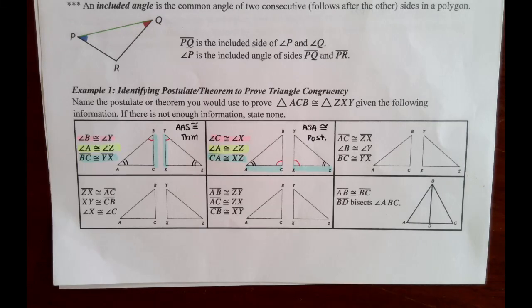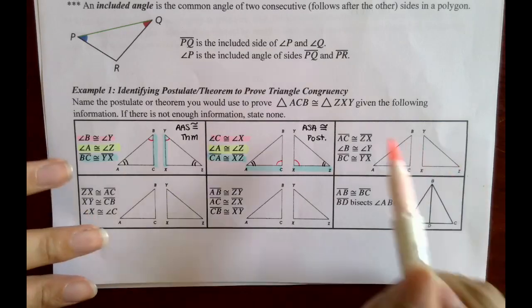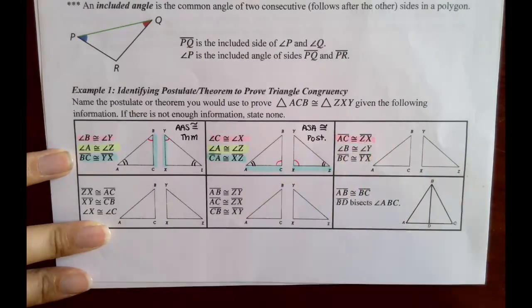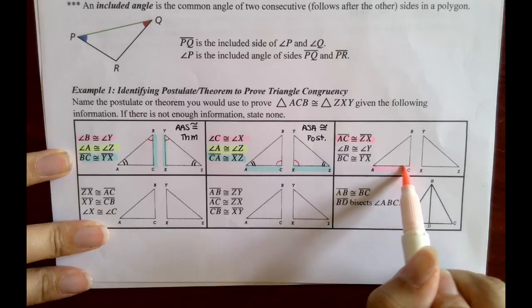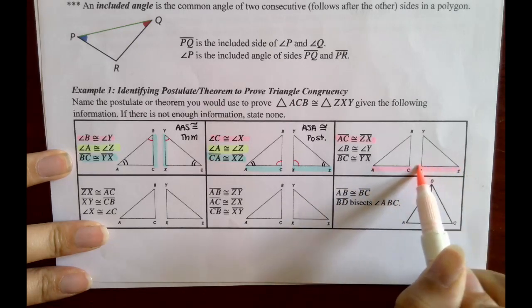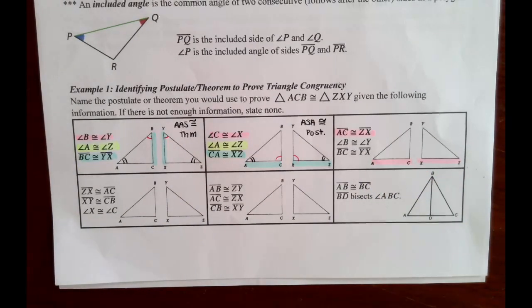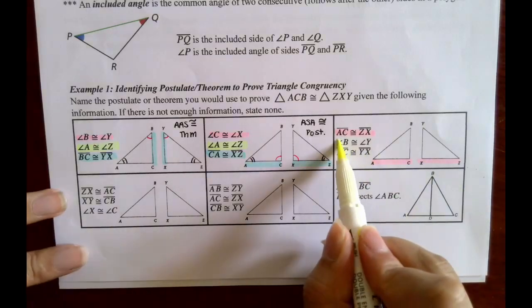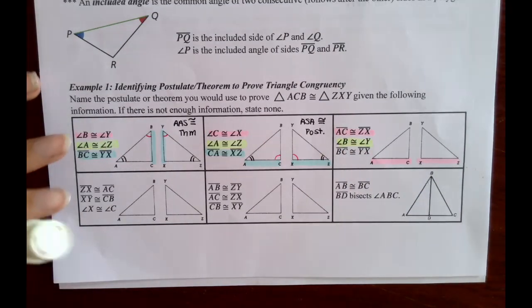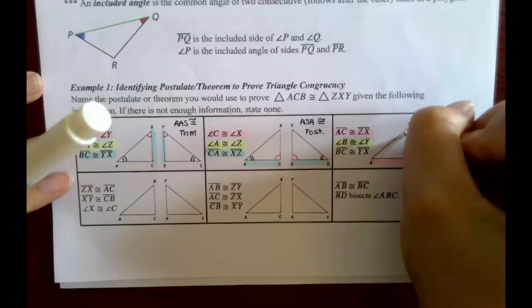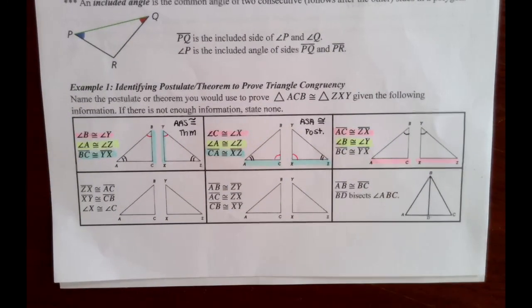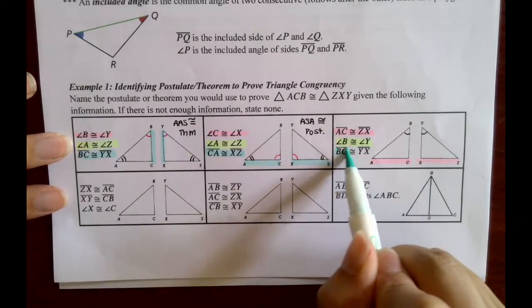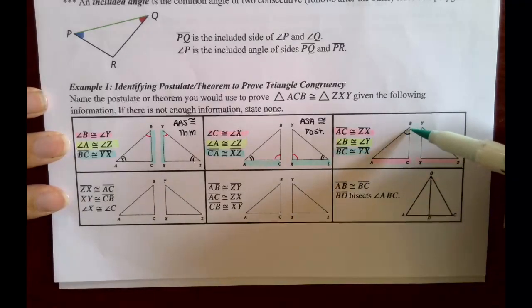Okay. Now let's do the next one. AC is congruent to ZX. Angle B is congruent to angle Y. So angle B here is congruent to angle Y. And then the last part is BC is congruent to YX.